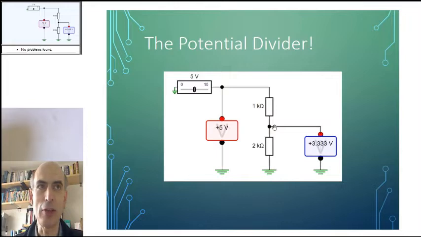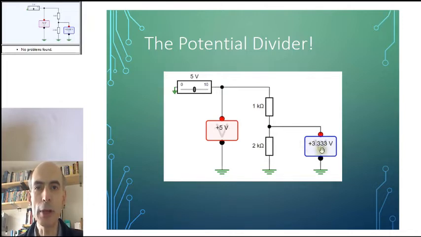Exactly where it is between the top potential, 5 volts, and the bottom potential, 0 volts, depends on the ratio of these two resistors. In this case, 3.33 and so on volts.